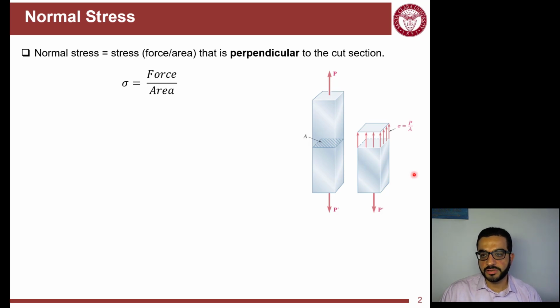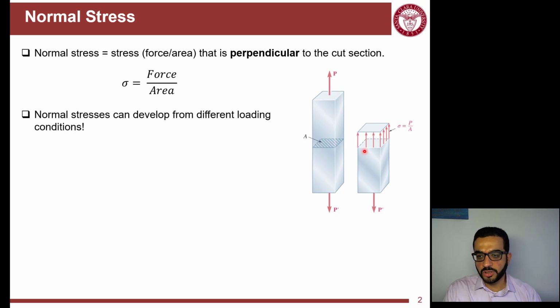So if this is P, an axial force, and this is the cut area where I am trying to analyze the stress, sigma is equal to P divided by A. Like in the last part of this lesson, we're trying to normalize the impact of this force by dividing it over the area.